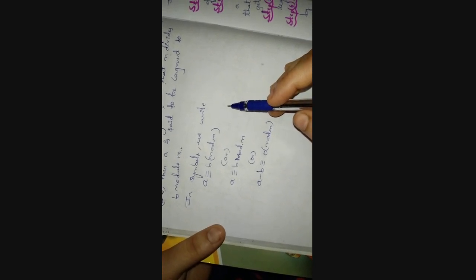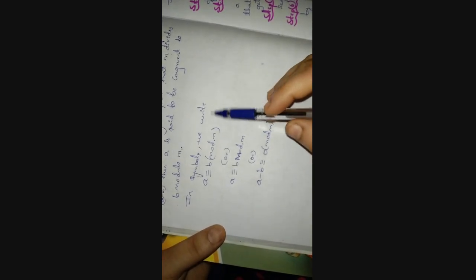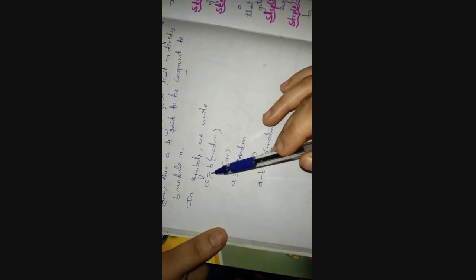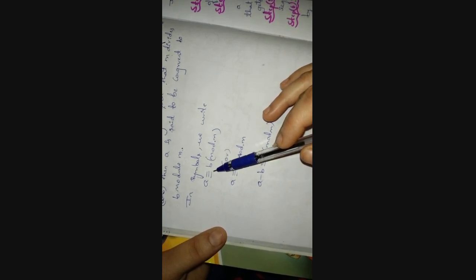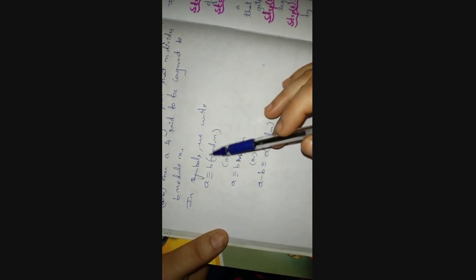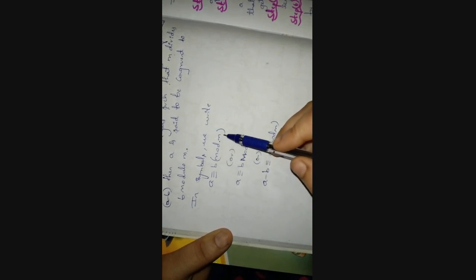So these are the three ways where we can write down this a is congruent to b modulo m. As you can see, a is congruent to, this is not equal. If you put three slanting lines over here, that is the symbol for the congruence. A is congruent to b mod m.